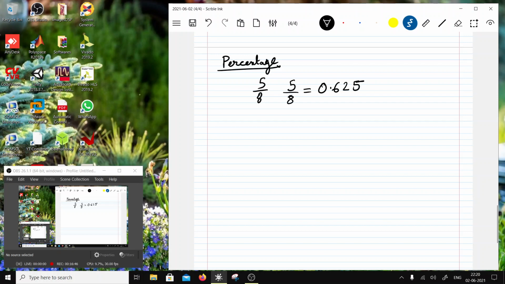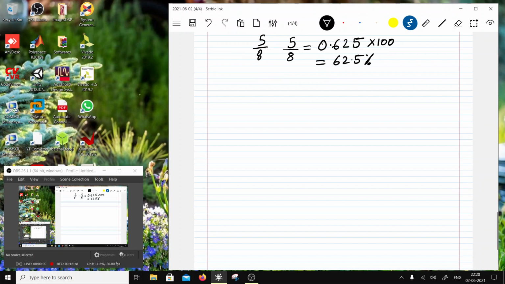Now this is the decimal. How many parts in 100? I would have to multiply this by 100 to convert into a percentage, so it is 62.5%. So you understand that a percentage is basically nothing but a fraction multiplied by 100. In 100, how many parts? That's what you mean by percentage.